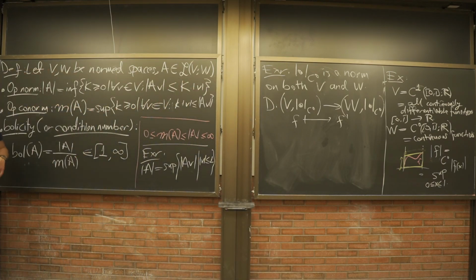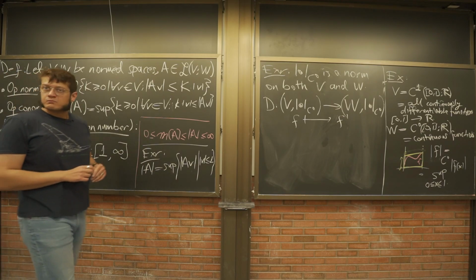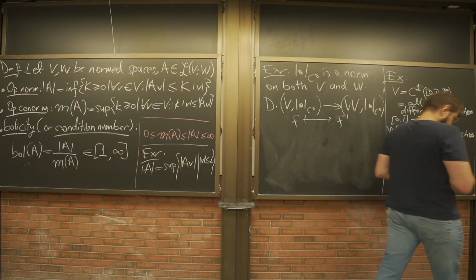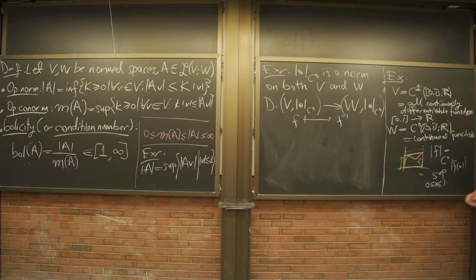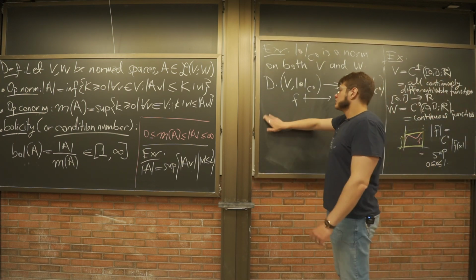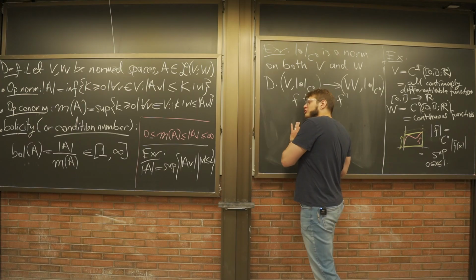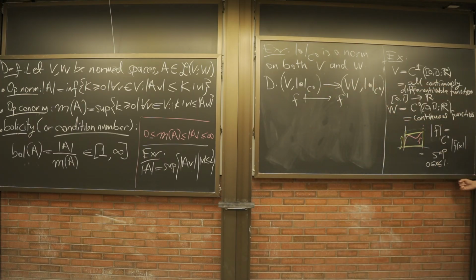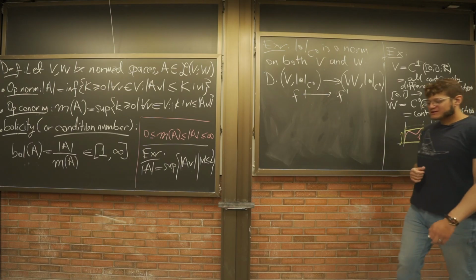It turns out that this is not bounded. It's an unbounded operator. Why is that? Well, I'm going to leave it to you to verify this, but the idea is this, and this is the example that I saw on Wikipedia for unbounded operators.